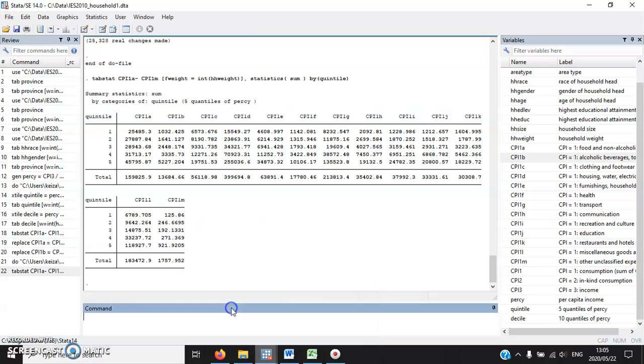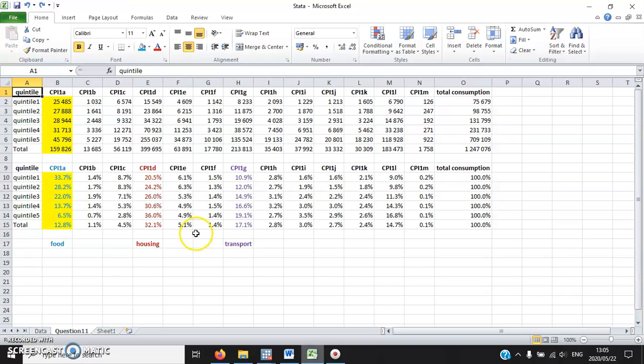Okay, we do some analysis on Stata, then we probably have to do some copy and paste onto Excel, then we derive these percentage shares, and then we interpret the answers and present to the audience. This is how we conduct research as an economist. And in the country, we lack economists who can analyze data thoroughly in detail and then present the results in terms of tables and graphs, and then write up a good report.